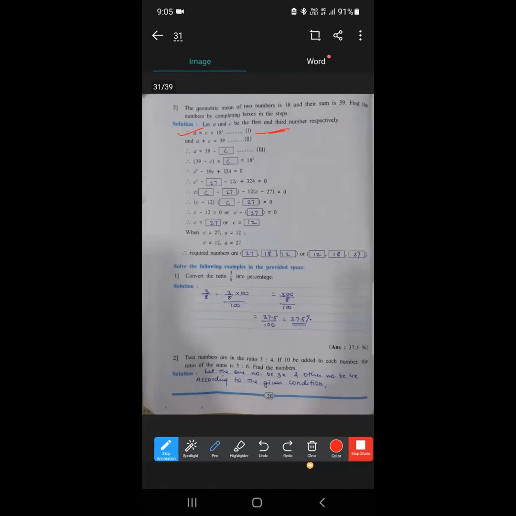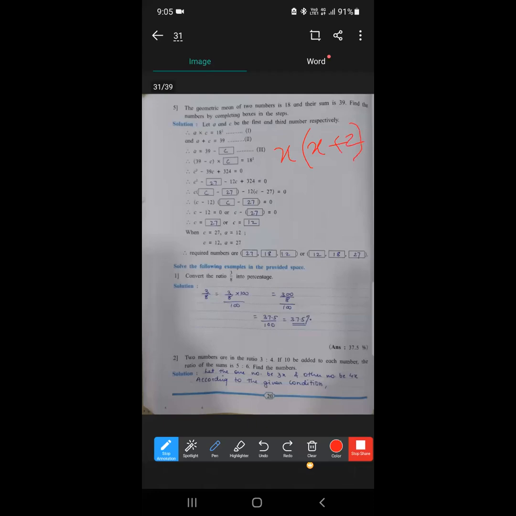Multiply it: c into c is c square, 39 into c is 39c, and 18 square is 324. It is simple multiplication when the term is outside the bracket. For example, if I say x and x plus 2.